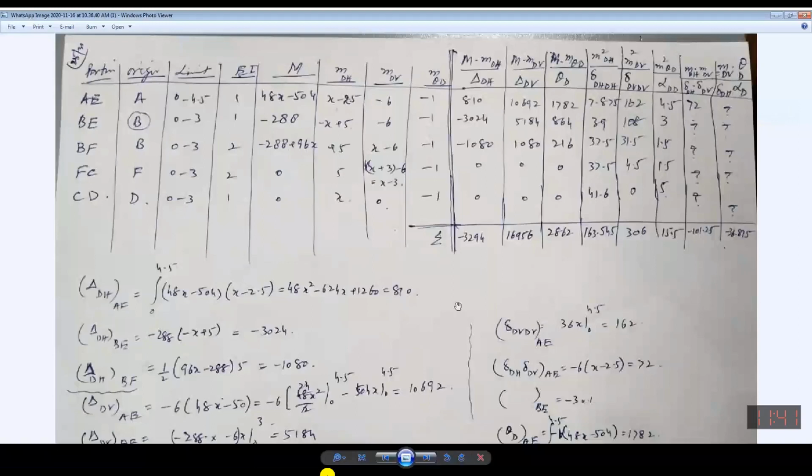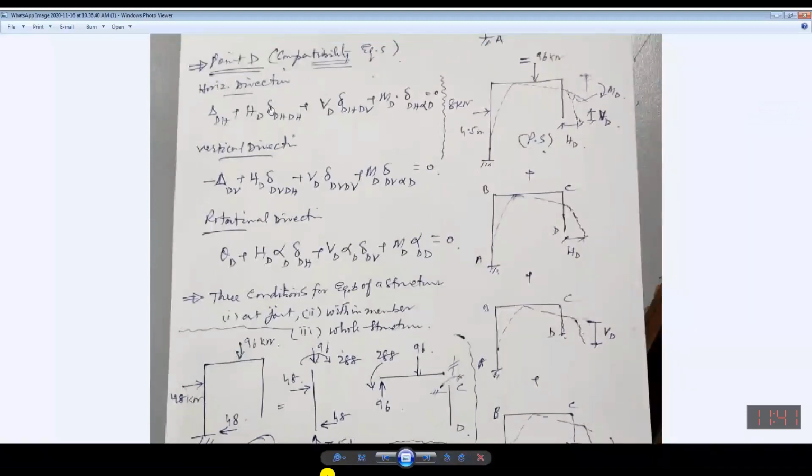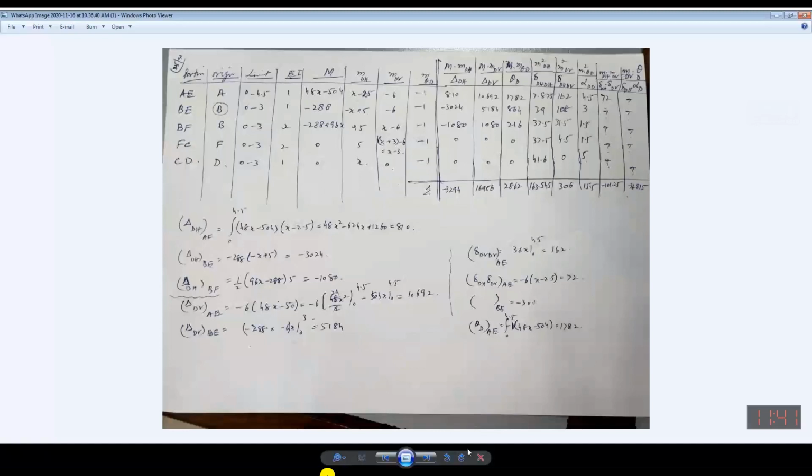Yes, sir. Okay. Now, just you will be putting the corresponding values at their corresponding places. All these three equations will be simultaneously solved, and then you will be finding out this one.